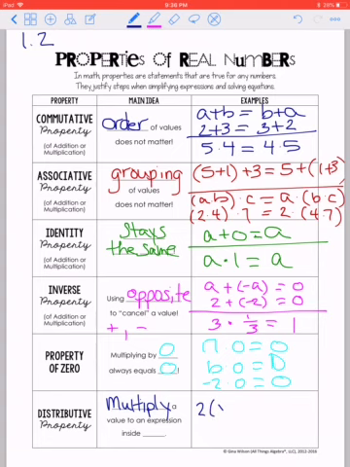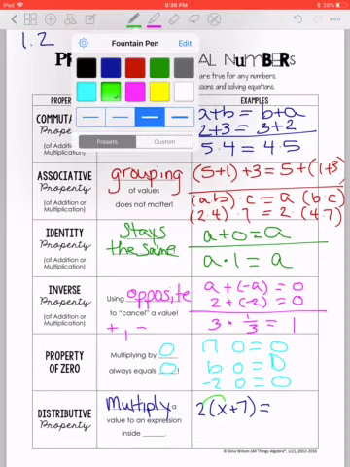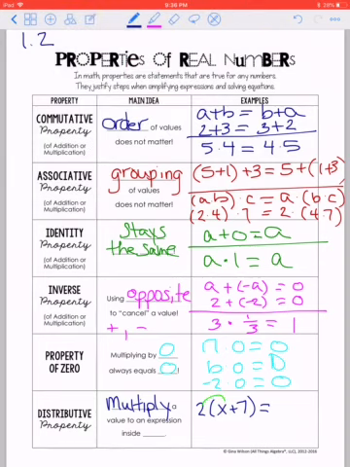If I do 2 times x plus 7, so now I'm going to take 2 times x. That's going to give me 2x. Then you're going to come back and distribute the 2 to the next term. That's 2 times 7. And so that's going to give me plus 14. Okay, that is your distributive property.